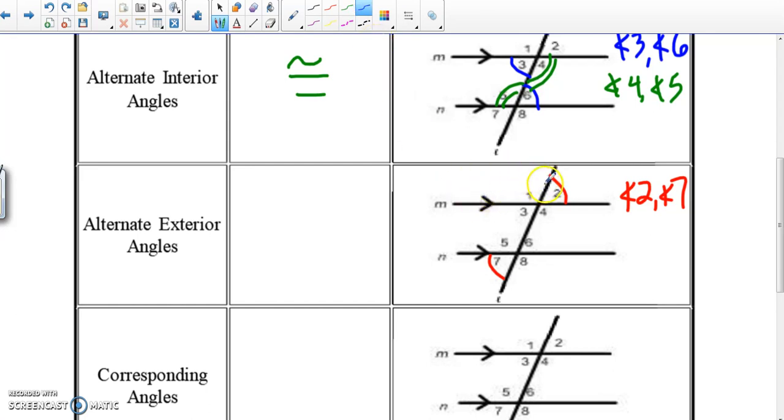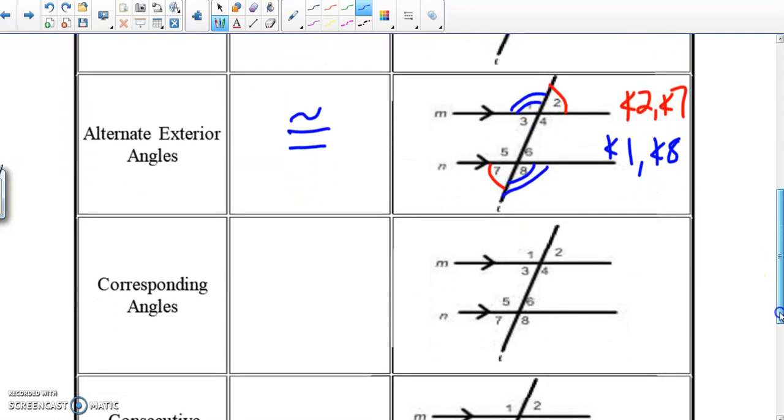Same thing going this way. Angle 1 and angle 8 are on opposite sides of the transversal, and they're outside the parallel lines. So those angles, 1 and 8 and 2 and 7, are alternate exterior. Okay, and you start to see the pattern here. Alternate exterior angles are also congruent.